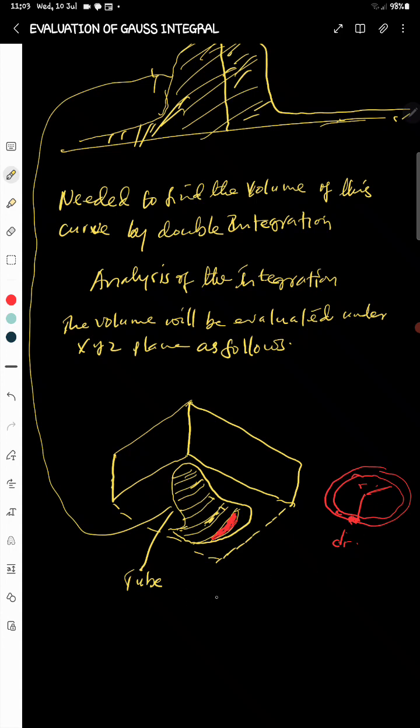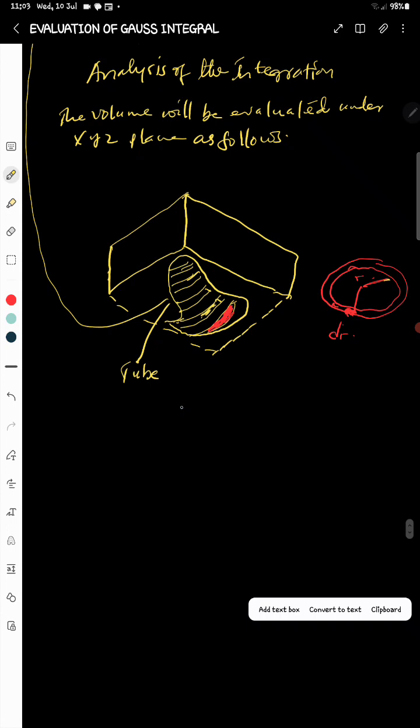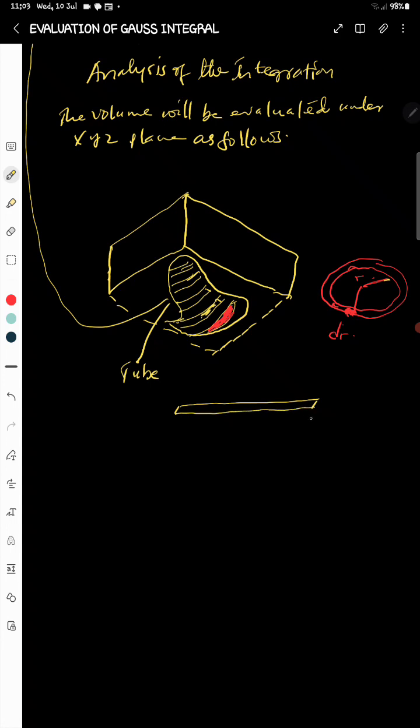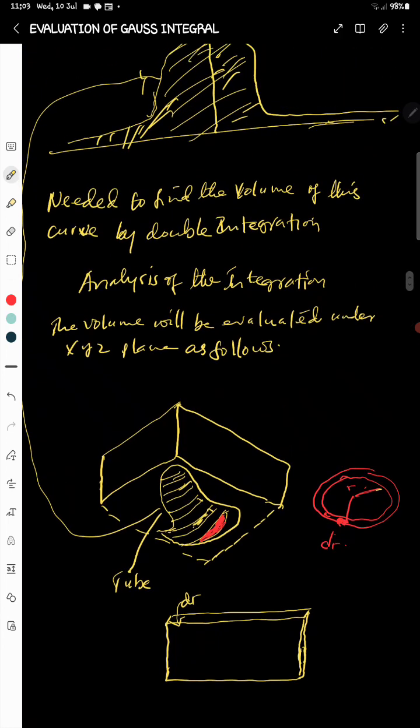So in analyzing this element, we came to a conclusion. It becomes like that. This is our small element dr.